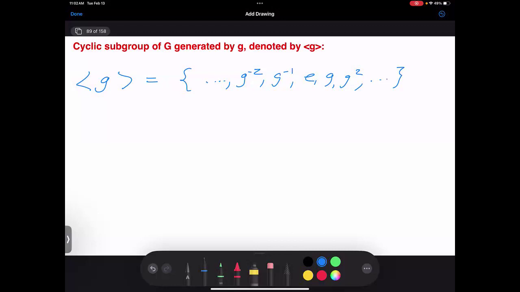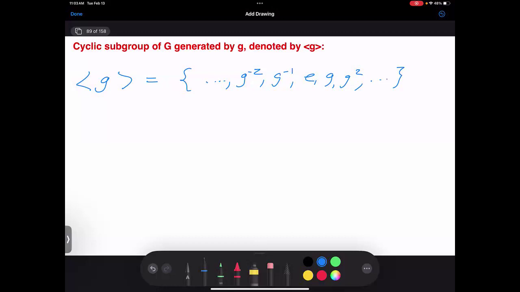Now, when I say that this is a cyclic subgroup, I'm implicitly assuming something by calling it a cyclic subgroup. What am I implicitly assuming is true about it? Not that it's finite, because I'm not saying that these elements are all distinct.